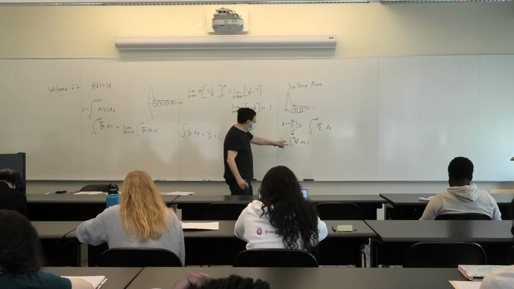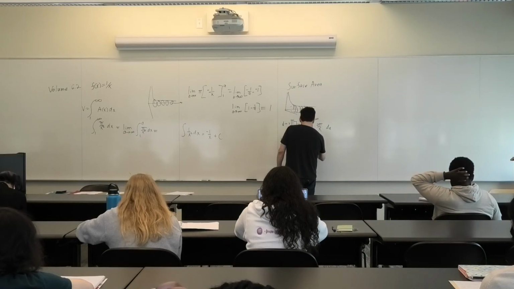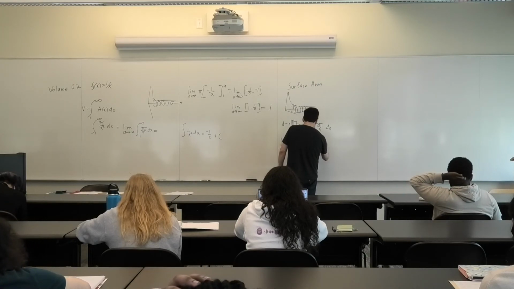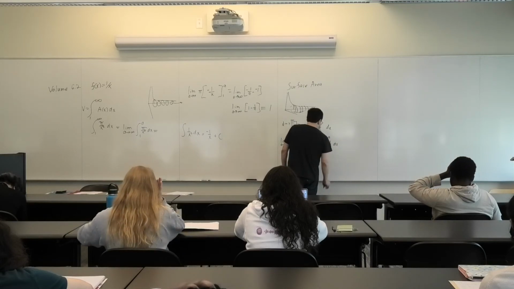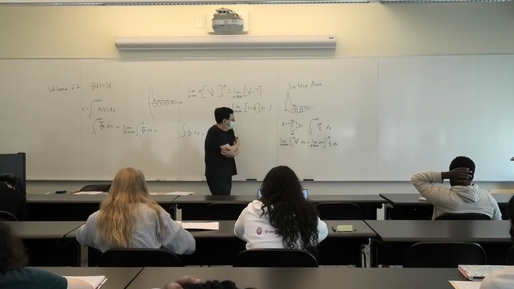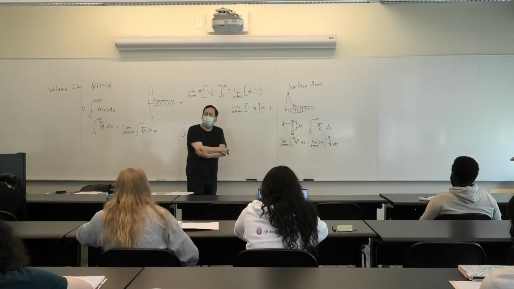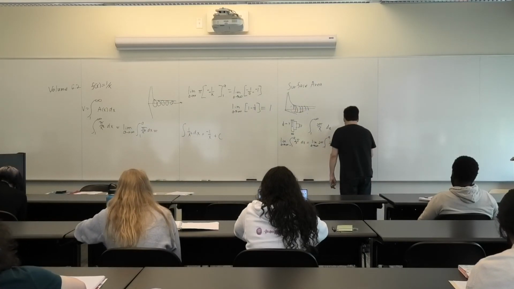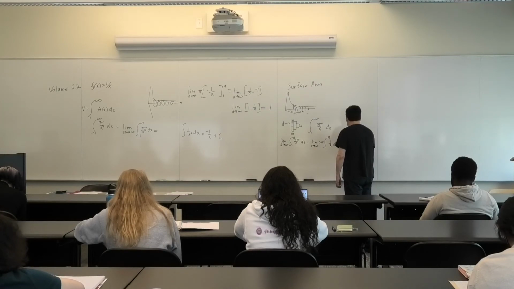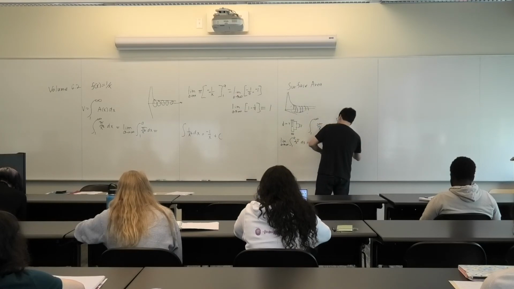So again, we take the constants out. What's the antiderivative of 1 over x? ln x. I want to write all this other stuff in here so we don't lose it.